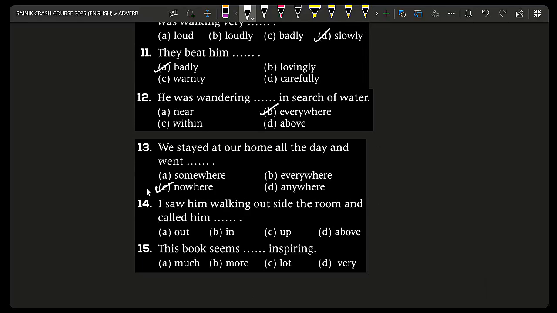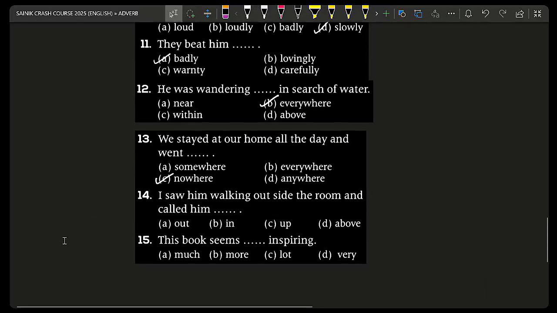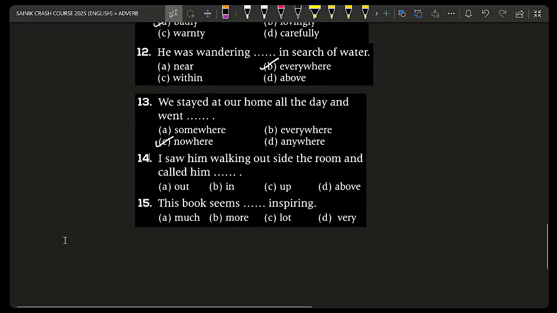14th one. I saw him walking outside the room and called him. Called him out, called him in, called him up, called him above. You saw your friend walking outside the room and you called him, out, in, up, above. Where? Sir, out. Why out? He's already outside the room.